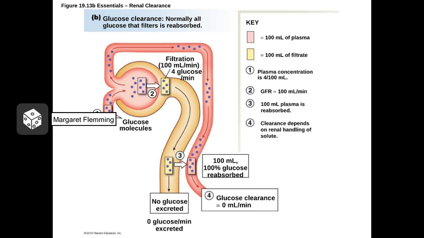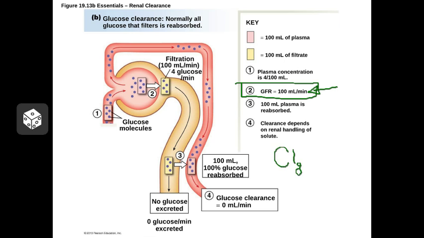Now, how are we going to use this information? Well, we know that in this scenario, GFR is 100 milliliters per minute. The only thing that happens to inulin is filtration, and that's how we have calculated glomerular filtration rate. We know that glucose clearance is 0 mils per minute.